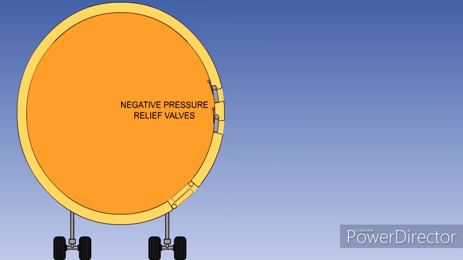The fuselage is designed to withstand the positive differential pressure produced by the pressurization system. However, it is not able to withstand the crushing forces that a negative pressure differential would produce. To prevent this problem, simple mechanical inwards relief valves are fitted.